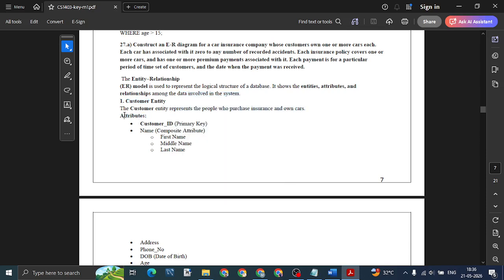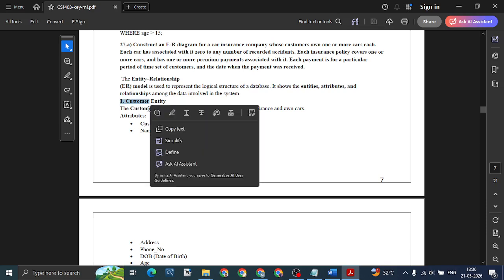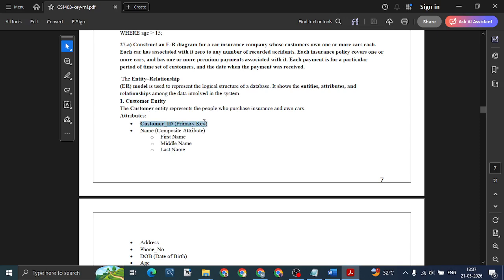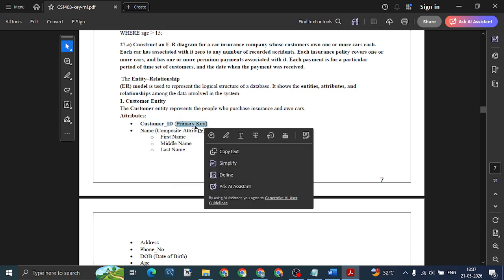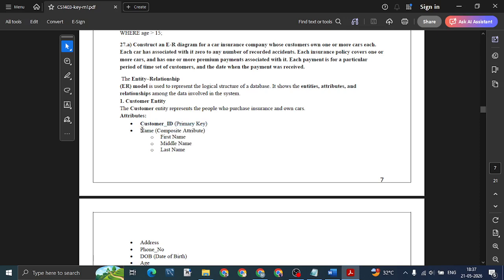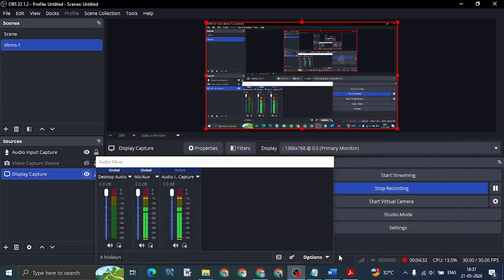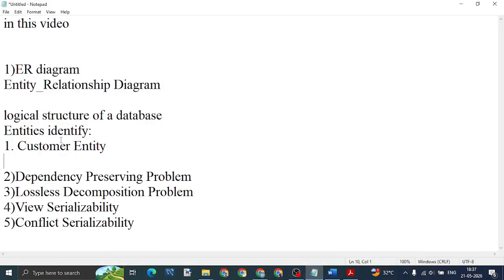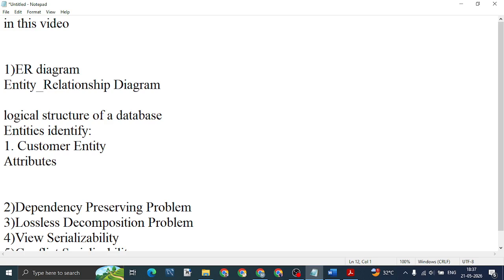The attributes represent the values you can provide in that particular table, right? Any customer may have a customer ID, which you can depict through the primary key constraint, followed by the name attribute. The name attribute is considered a composite attribute here. So what is the meaning of composite attributes? Attributes may be divided into types.